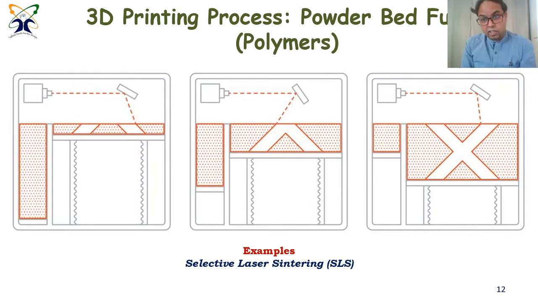Another method is powder bed fusion, which is mainly for metal printing. So the question is, you can do printing in two manners. You can melt the metal and then pour it, but that is very risky because the melting temperature of metals is very high and it is very difficult to maintain them in a precise manner.